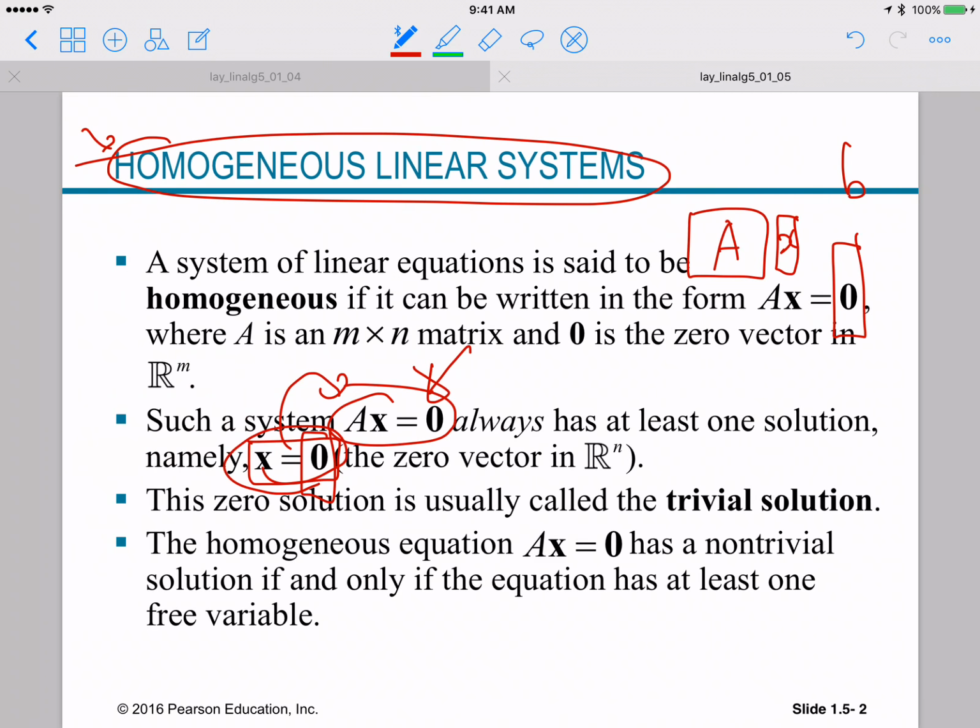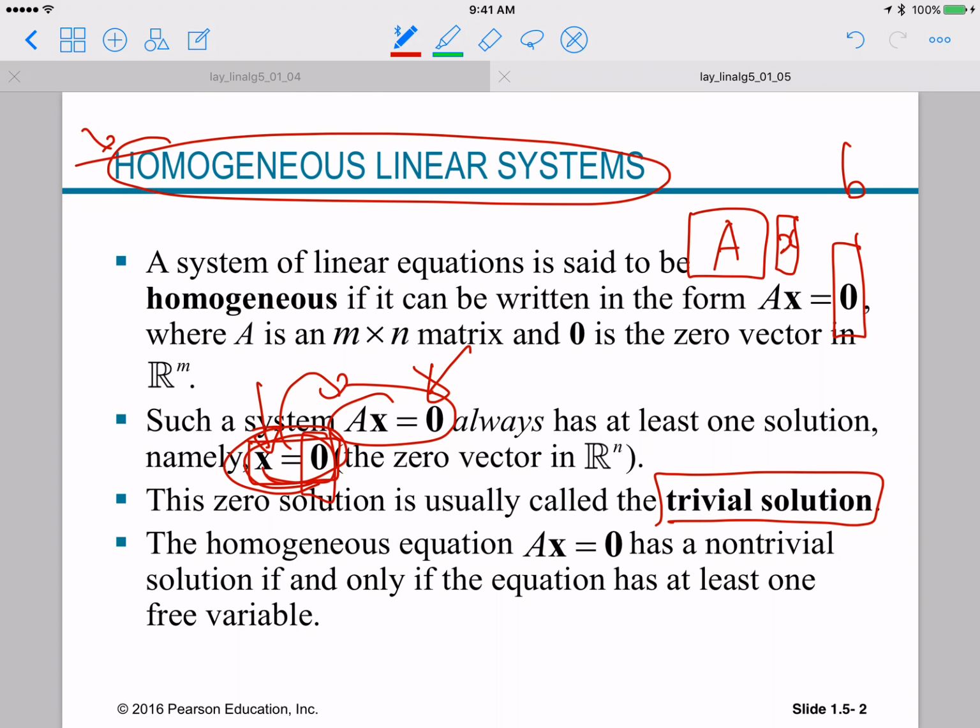Okay, so the fact that we always have this very easy solution of the all 0 vector can be understood as making it impossible to have no solution. This solution in particular is called a trivial solution. That is the official name of this solution of all zeros, because it's so trivial to obtain.